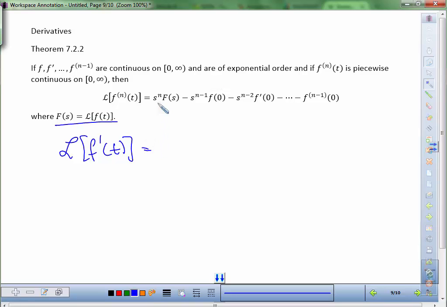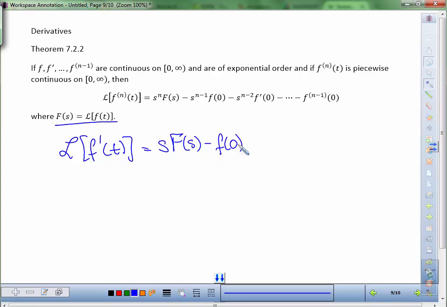So it looks like this will be s to the first power, capital F of s, minus, it'll be what? s to the 0, or 1, times f of 0.